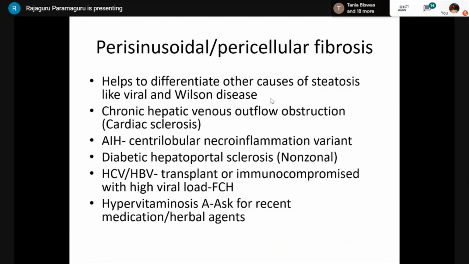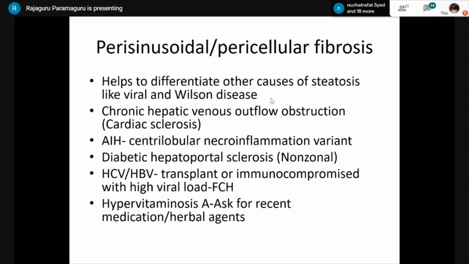And in cases of chronic venous outflow obstruction, like cardiac sclerosis, or I mean to say, an outflow obstruction of the hepatic vein, that will cause a pericellular sinusoidal fibrosis. And in certain cases of autoimmune hepatitis, there's a particular variant called the centrilobular necroinflammatory variant.